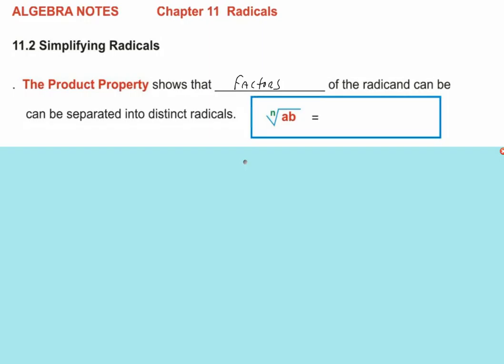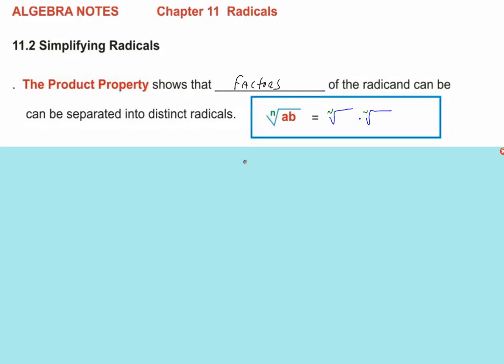All right, anyhow, the product property shows that factors of the radicand can be separated into distinct radicals. So technically, here's the idea. You can take this radical and split it up, and you can have the nth root, and the n just represents some number.